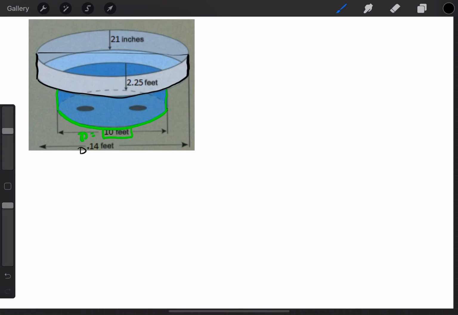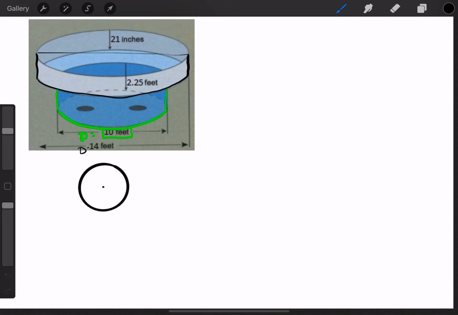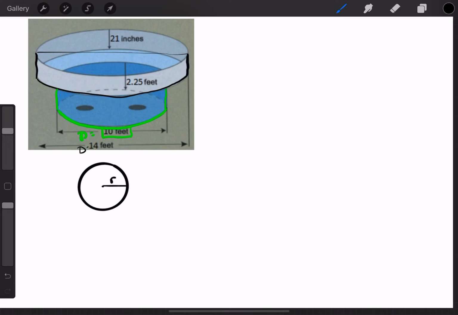Now, when we're finding the area of a circle, I'm going to draw one down here. If we have a point in its center and we draw a line out to its circumference, we call that r, the radius, and that's only half of the diameter.